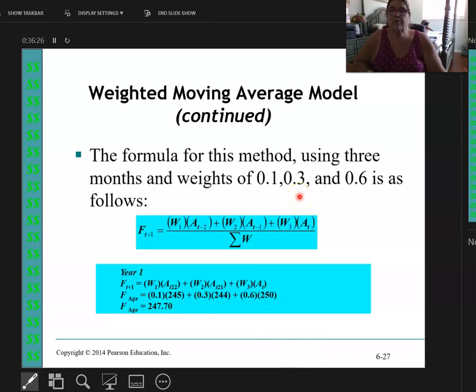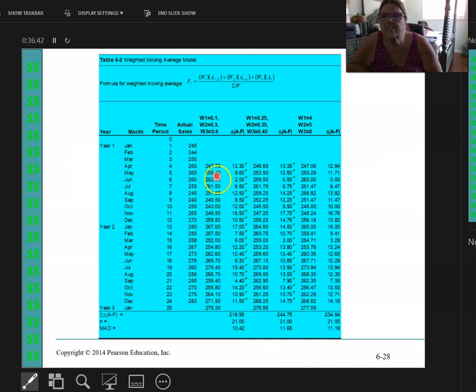Here's the formula for weighted moving average using 3 months, and they assigned weights of 0.1, 0.3, and 0.6 as follows. And so W is the weight. Let me go back. So here is my chart again. Remember, I had January, February, and March.